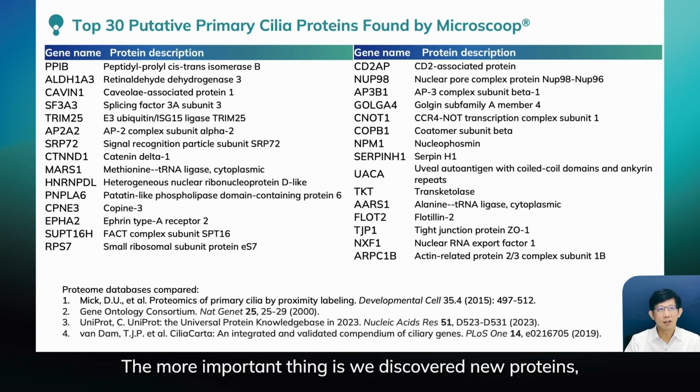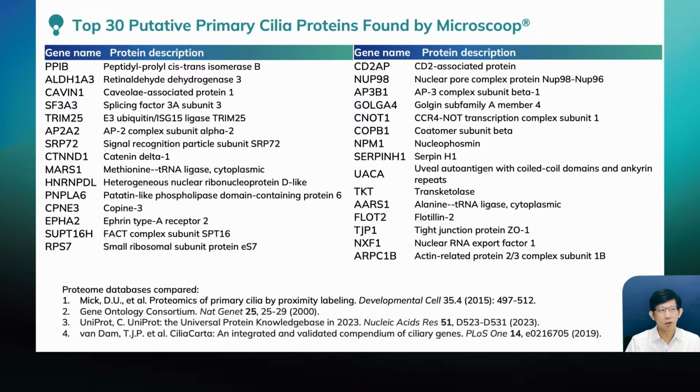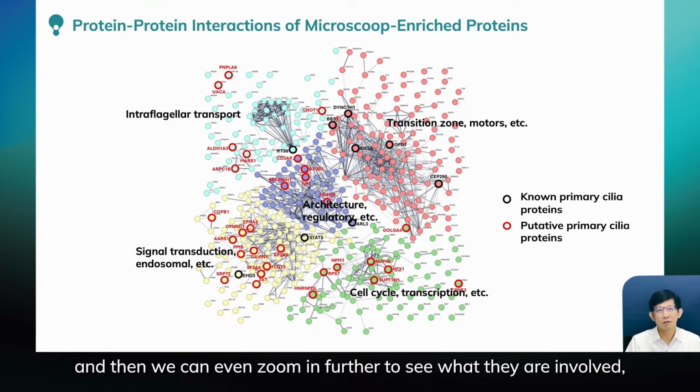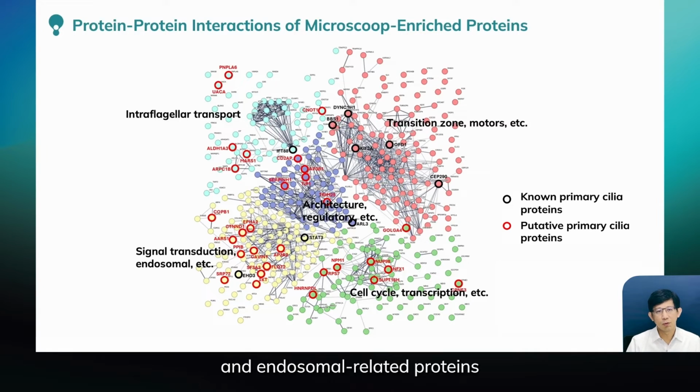The more important thing is we discover new protein constituents in primary cilia that people didn't study before. Here are just a list of the top 30. And then we can even zoom in further to see what they are involved in. You can see on the lower left corner, signal transduction and endosomal related proteins that previously weren't discovered too much.